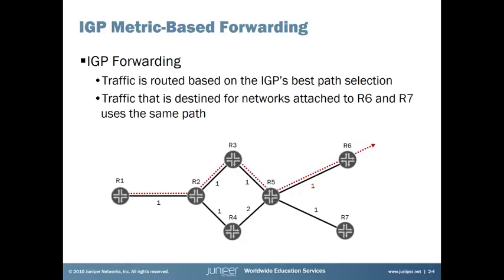Let's say the interfaces between R2 and R3, and then R2 to R5, will potentially be maxed out on their bandwidth and become a bottleneck, whereas the other path down through R4 will be hardly used at all.